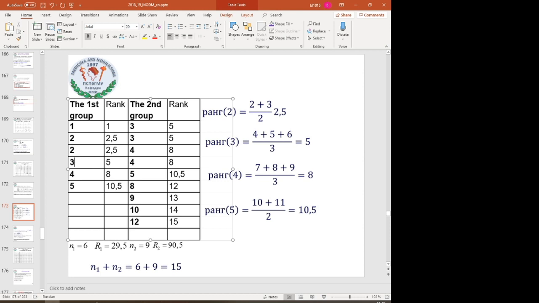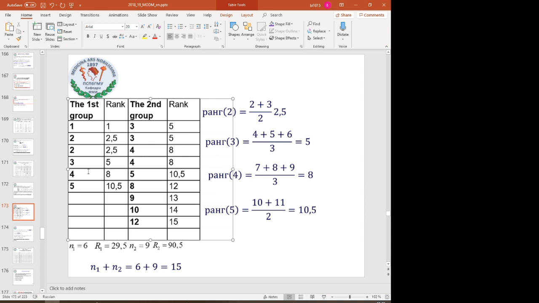For 3 we have three numbers, and we should spread ranks 4, 5 and 6 between those three values, and the average is 5, and 5, 5 and 5 go one to the first sample and two to the second sample.